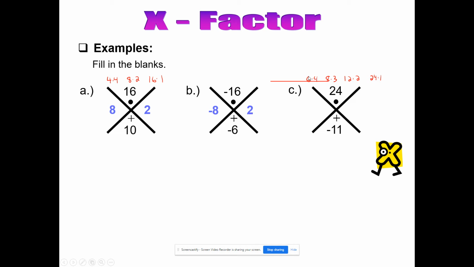So 6 plus 4 is 10. If I subtract, I get 2. 8 plus 3 is 11. Hey, I need it to be negative 11. Oh, if I make negative 8 and negative 3, they multiply to a positive and they add to a negative 11. So negative 8 plus negative 3 is negative 11. And then if I multiply the 2, I end up with positive 24.